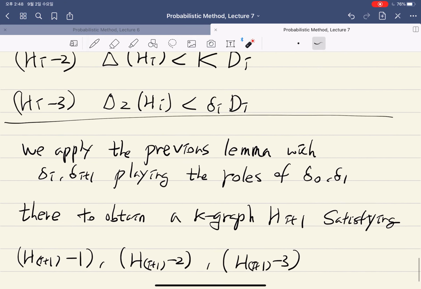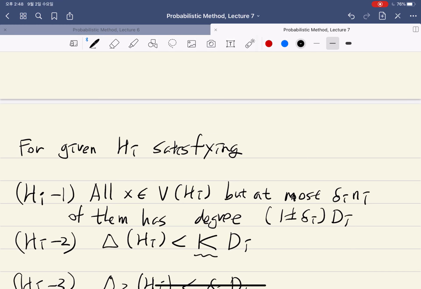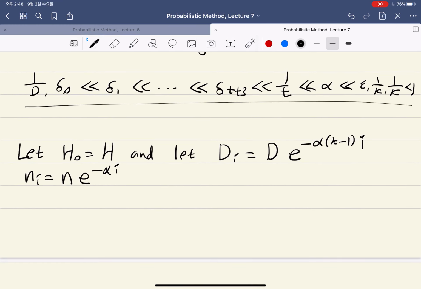Let's add one more condition here, which I see. Let's say this Ki is nothing but e to the alpha k minus 1 i times large K. Okay.